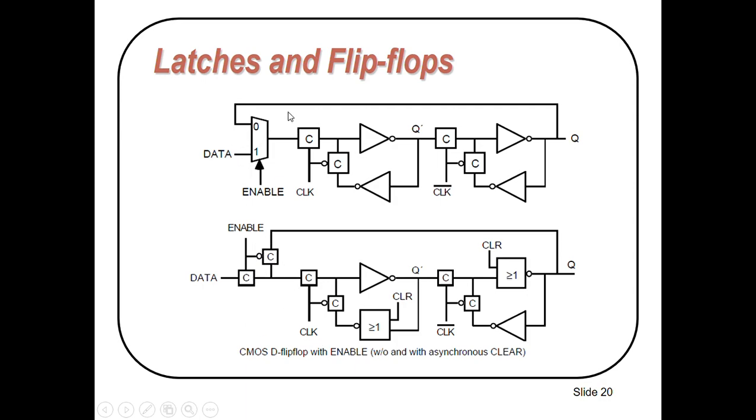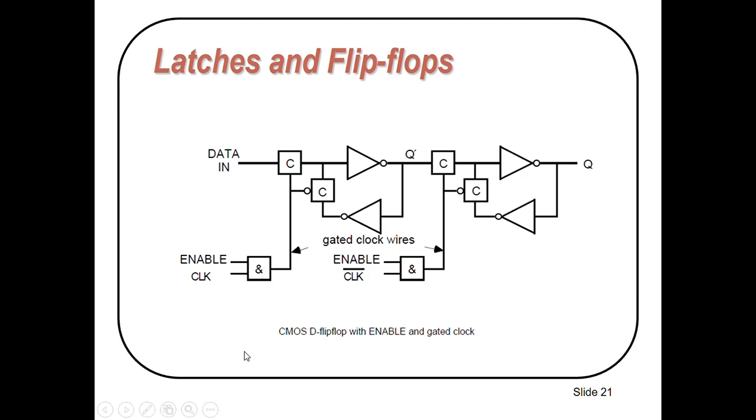This multiplexer can be replaced with C switches. And here we have added this synchronous asynchronous clear. So you can see we can easily design these circuits by using the multiplexers or C switches.